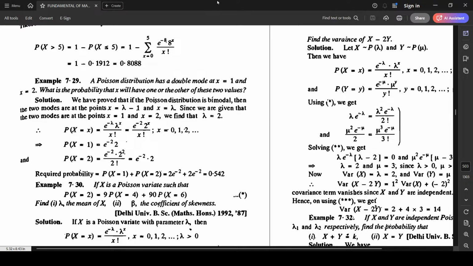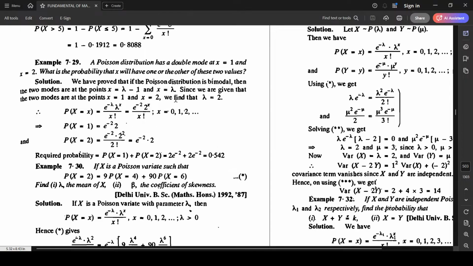Last question. Example 7.29. A Poisson distribution has a double mode, at x equals 1 and x equals 2. What is the probability that x will have one or the other of these two values? Very simple, it's either the first value or the second value.